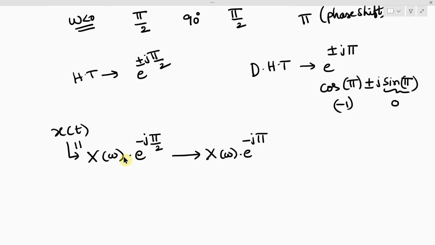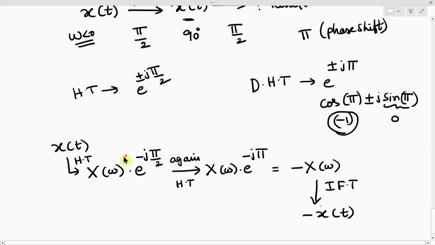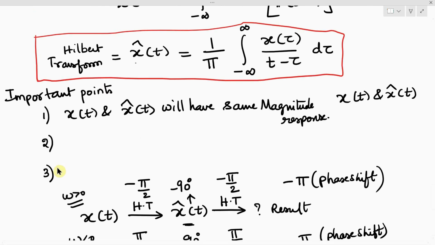So, Hilbert transform, again Hilbert transform. What is e power of plus or minus j pi value? Minus 1. So that means this is minus x of omega. Am I right? Got it? Okay. So if I again apply the inverse Fourier transform, you will get minus x of t. Am I right? So now the second important one comes in.